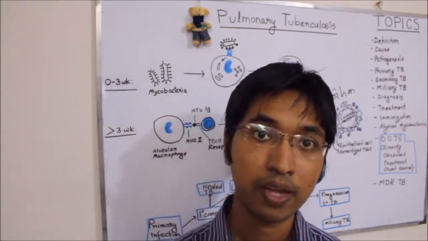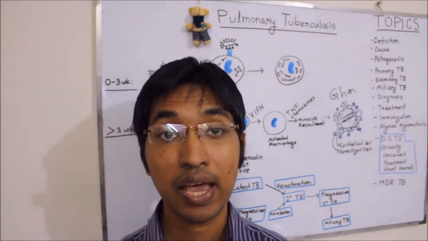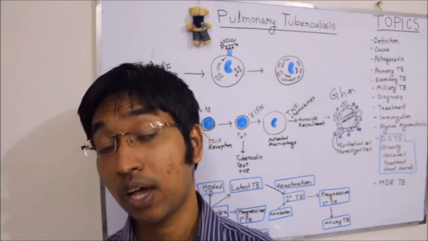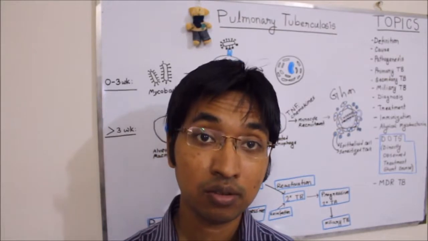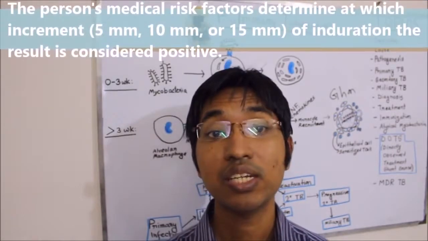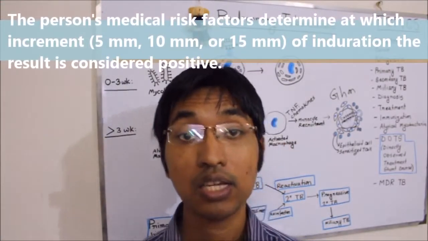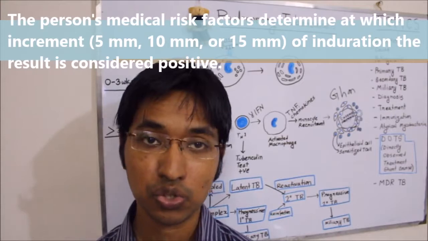We inject that intradermally and then wait for about 48 to 72 hours and then measure the level of induration. But the problem with this screening test is it cannot differentiate between active and inactive cases of tuberculosis.